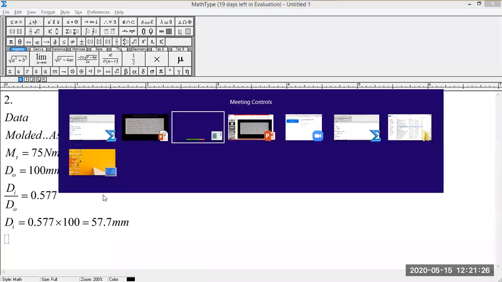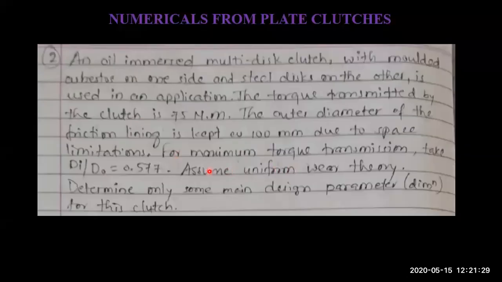Let's go back to the question. Assume uniform wear theory, similar to the previous numerical. Another convention we can use: sometimes in the question, if there is mention of a new clutch, a new vehicle or a new automotive, then you can use uniform pressure, because no wear and tear would have taken place, and the pressure would be distributed equally along the plate surface.